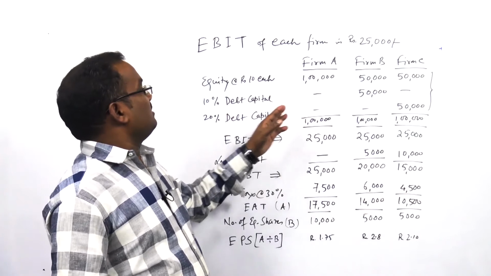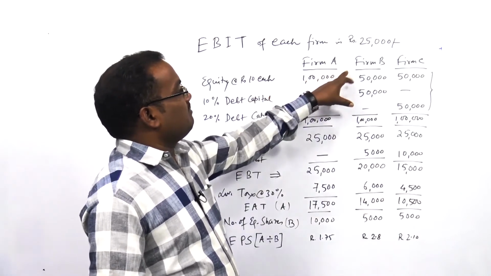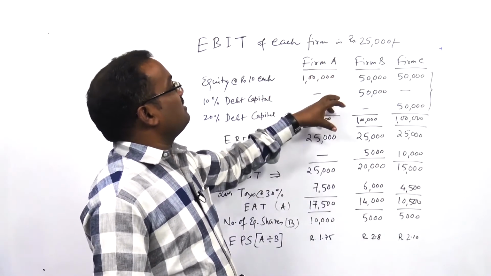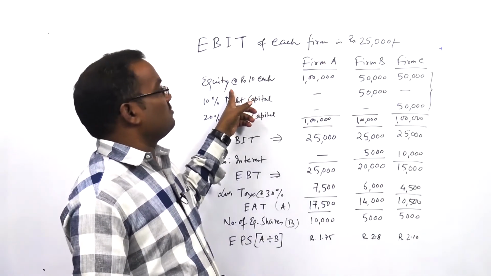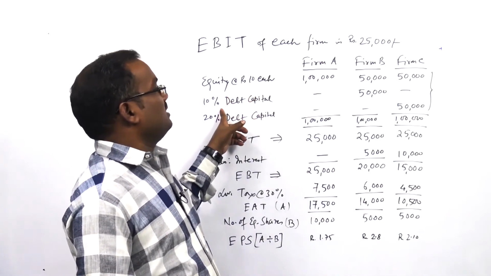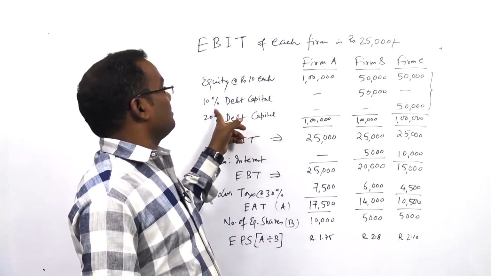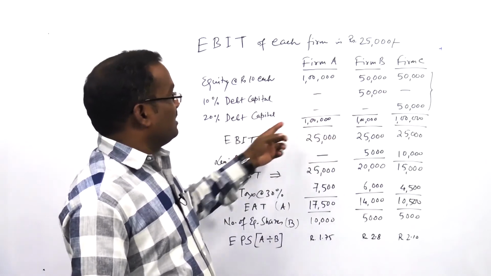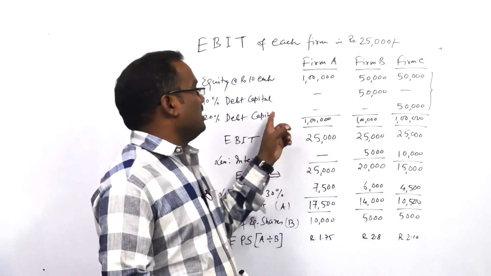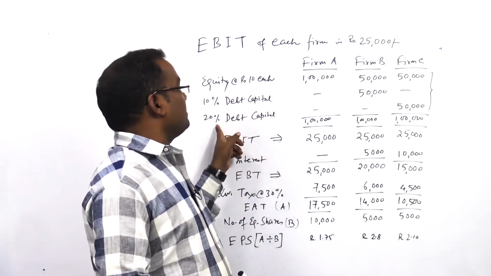From here, we can see that Form B collected its funds 50% from the issue of equity shares and 50%, that is rupees 50,000, from 10% debt capital. And Form C acquired 50,000 from equity shares and the remaining 50,000 from 20% debt capital.